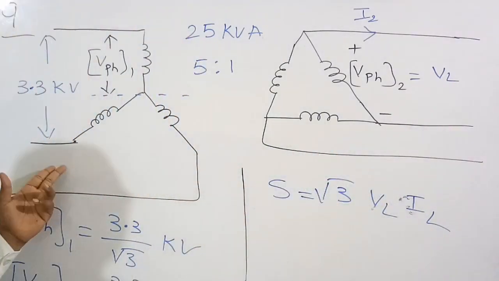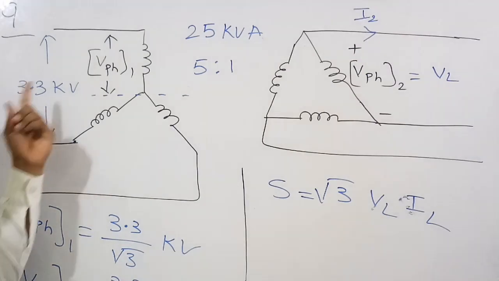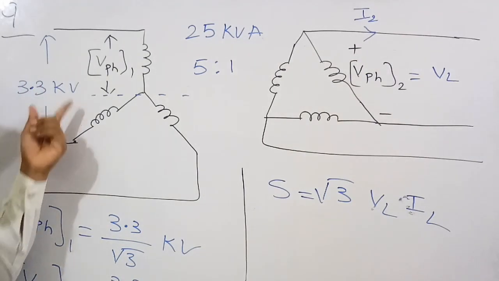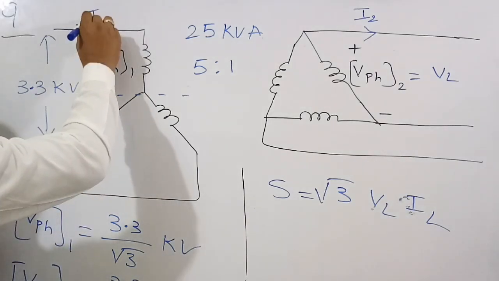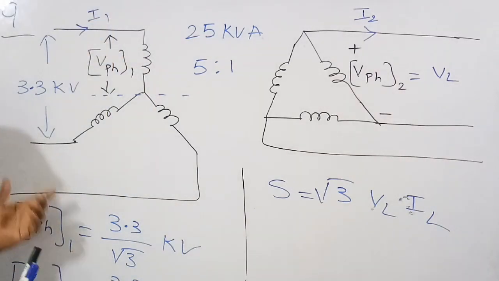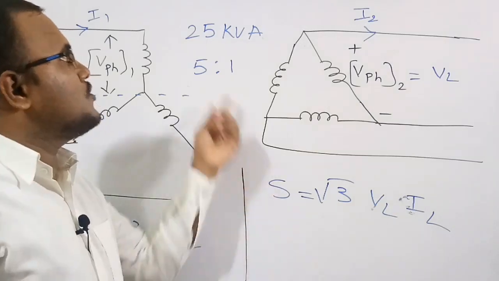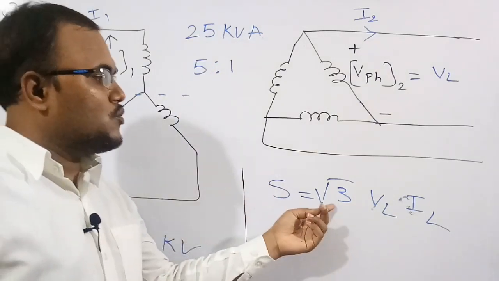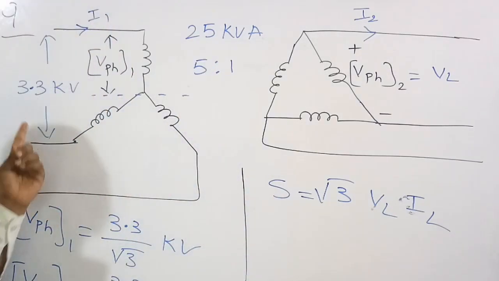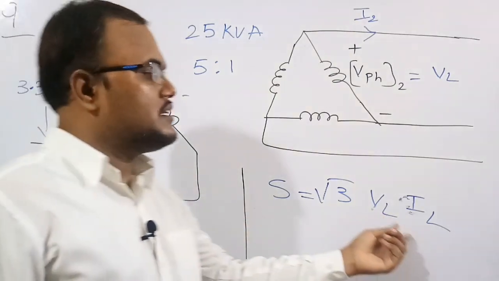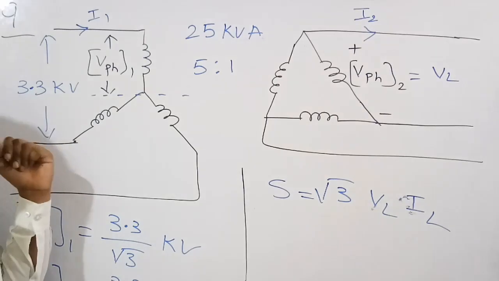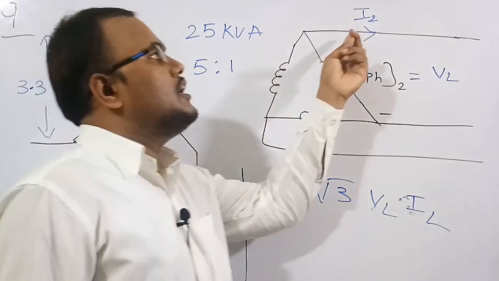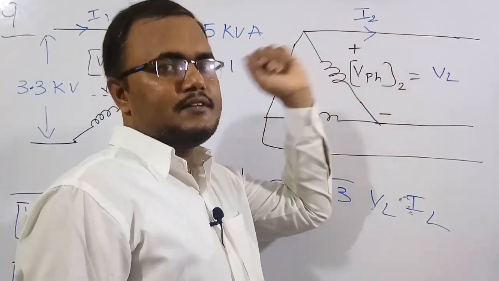If they are asking for the line current in the star connection, suppose this is I1. I1 is the line current in the star connection. We know S is equal to 25 kVA, and VL of the star connection is 3.3 kV. So the only unknown is IL, here I1, and we can calculate the value of I1. But here they are asking only for the line current in the delta connection.